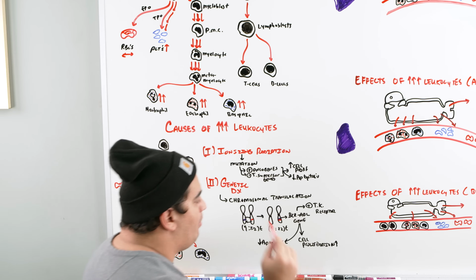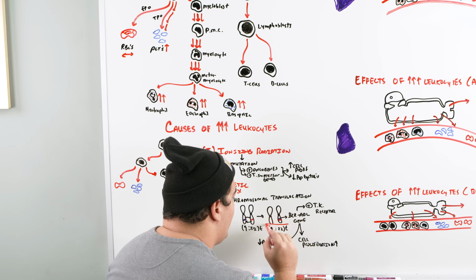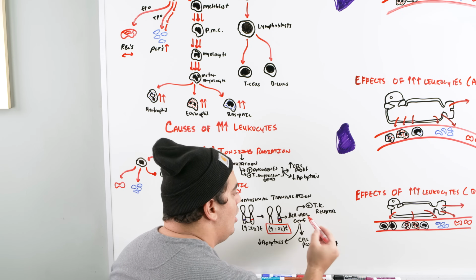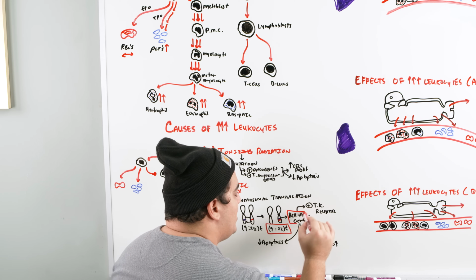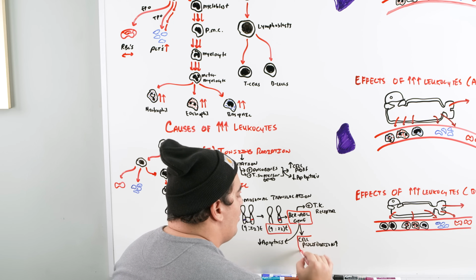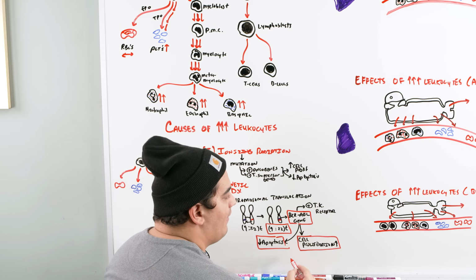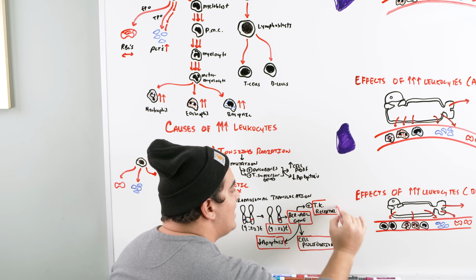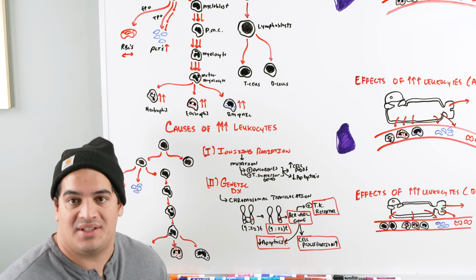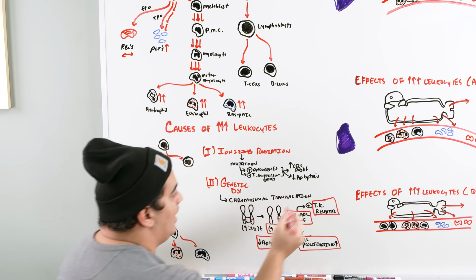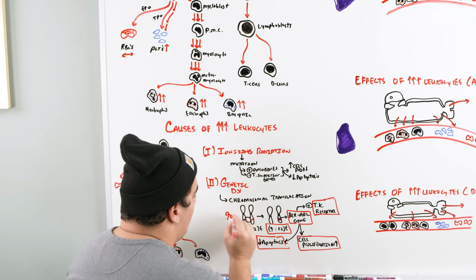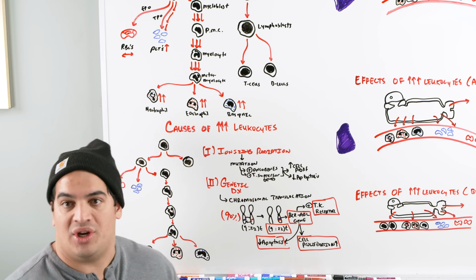So I need you, please, for the love of goodness, don't forget that the 9;22 translocation causes the formation of the BCR-ABL gene, which leads to increased cellular proliferation and decreased apoptosis, so the cell can divide and never die. And the main reason it has the ability to do this is it stimulates the tyrosine kinase receptor. This is 90% of the time associated with CML.